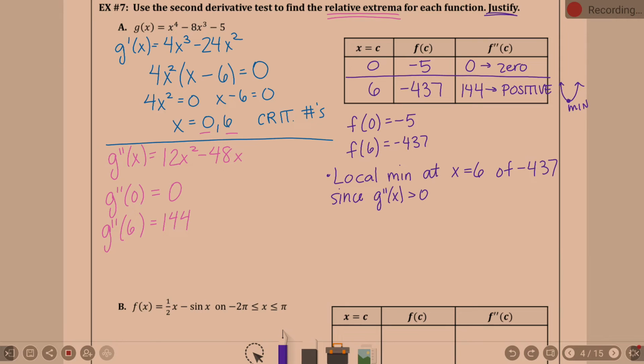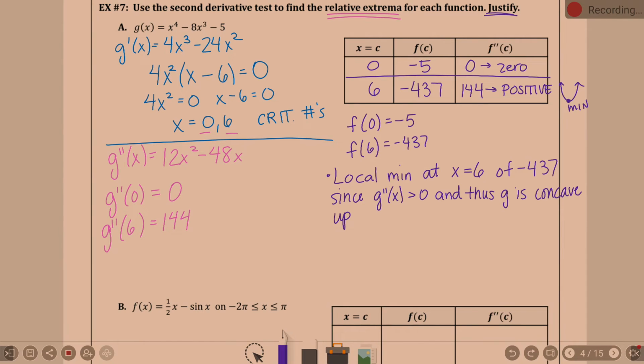Second derivative is greater than 0, and thus G is concave up. Okay.